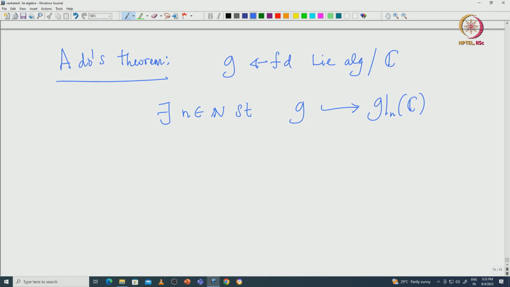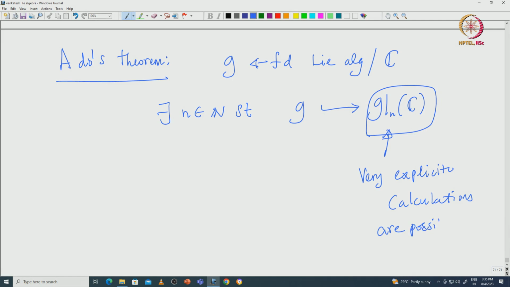So, all these subalgebras of GL_n(C) are called linear Lie algebras. Ado's theorem proves any abstract finite dimensional Lie algebra can be realized as a linear subalgebra of some general linear Lie algebra. Why do you want to do this? Because here we can do very explicit calculations. Here, this is just an abstract Lie algebra, so we do not know what we are doing.